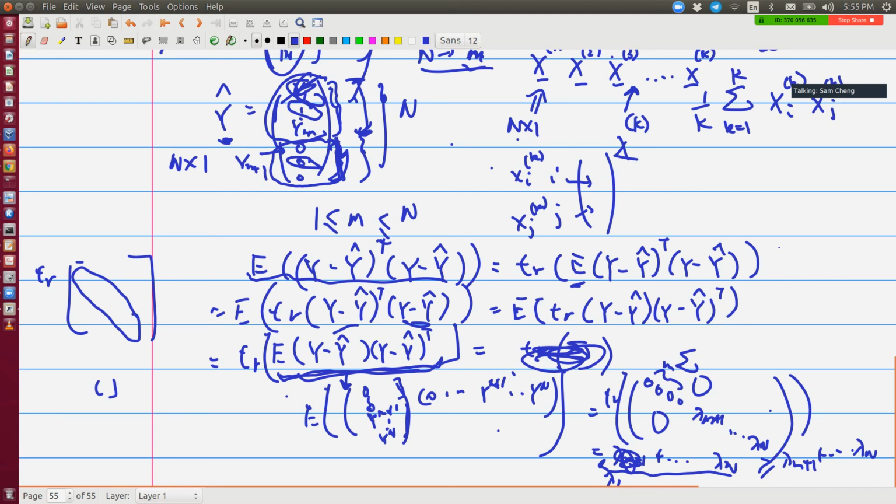That's the conclusion. If we don't reduce at all, of course our error will be 0 because we take all the dimensions.